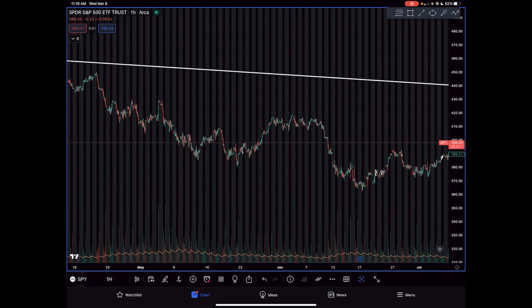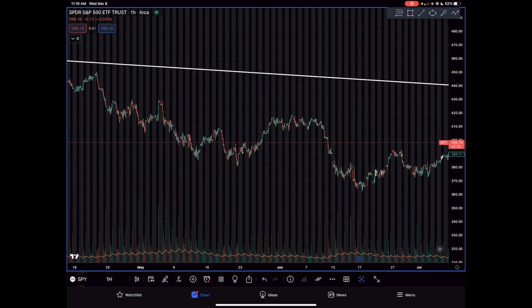First things first, I see the market as always trading in one of four ways.